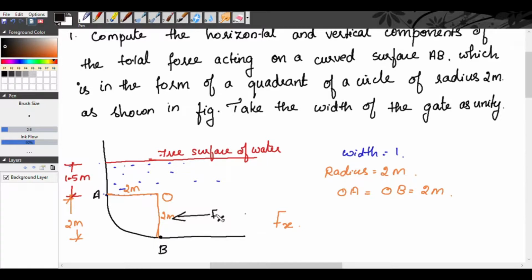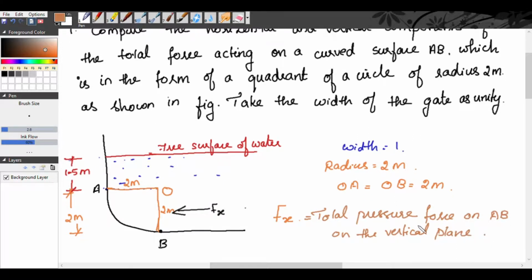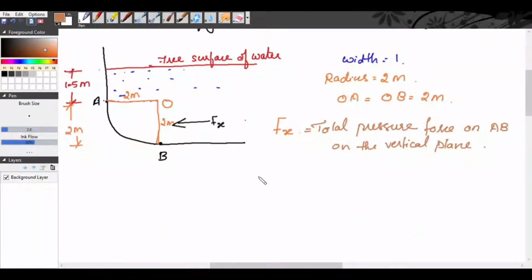And this Fx is nothing but the total pressure force on the curved surface AB on the vertical plane. We are resolving it into horizontal and vertical planes. So Fx is the total pressure force on the vertical plane, and we know Fx is equal to rho g A h bar. So rho is constant, it is 1000.